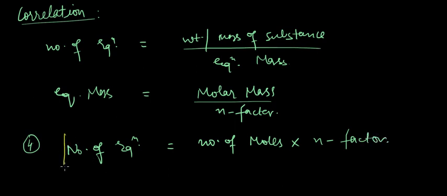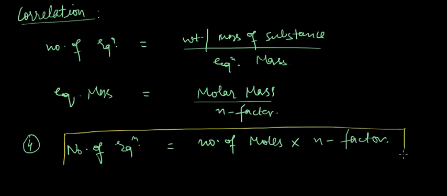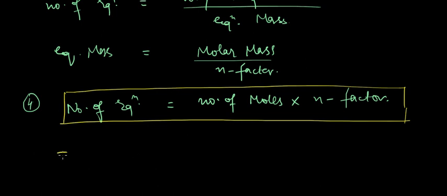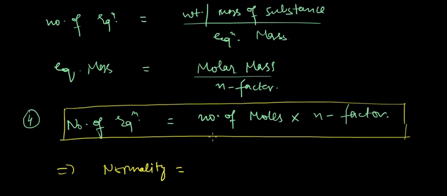Okay, this implies that normality, which is equal to the number of equivalents of solute, would be nothing but, so let me rewrite it.